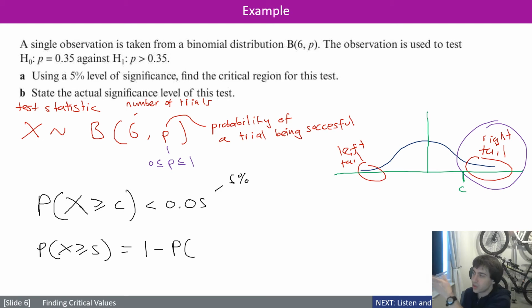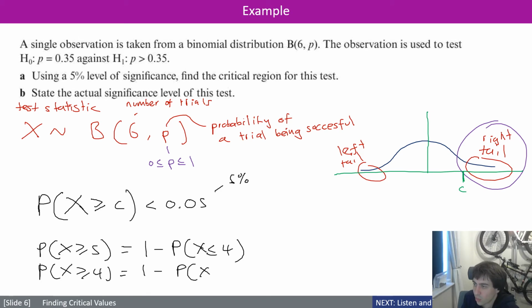If you can only take whole numbers, it's going to be less than or equal to 4, right? So 5 and above, the opposite is 4 and below. Likewise, if we check greater than or equal to 4, it's going to be 1 minus the probability that's less than or equal to 3. And these ones in red, these we can work out on the calculator. So what I suggest we do is, let's work these out on the calculator, see what we get.